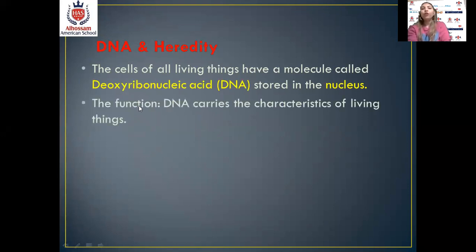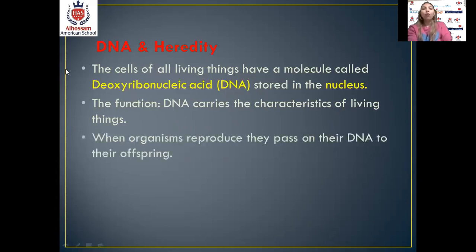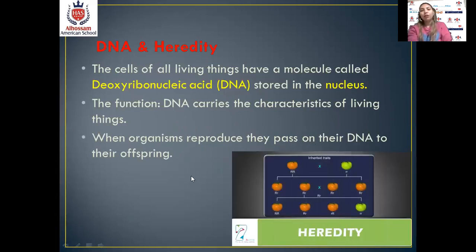So what is the function of DNA? It carries the characteristics of living things. So we can pass the traits or characteristics from your parents to you through this DNA, which carries genes too. When organisms reproduce, they pass on their DNA to their offspring, like this concept of heredity.